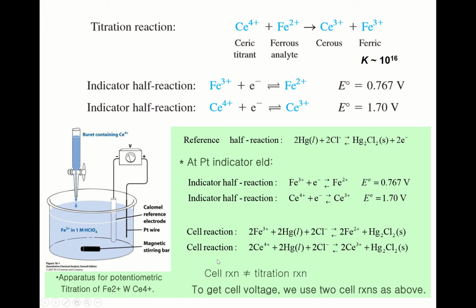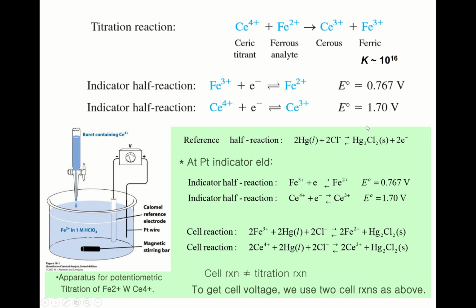Because in the cell reaction, this is an electrochemical setup, and it has the reference electrode all the time, so you have to consider this reference electrode reaction. But in most analytical chemistry textbooks, they don't explain it this way. Although this explanation is very good, it is not easy to understand at the beginning. But try to understand anyway.